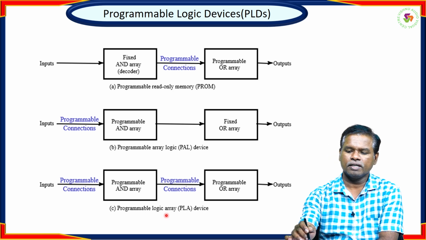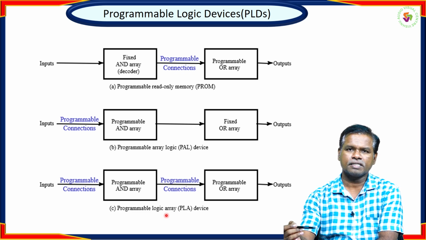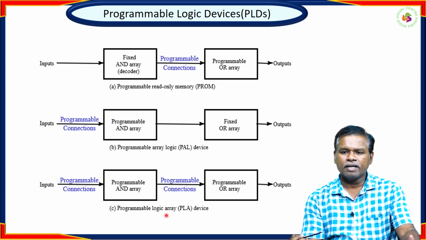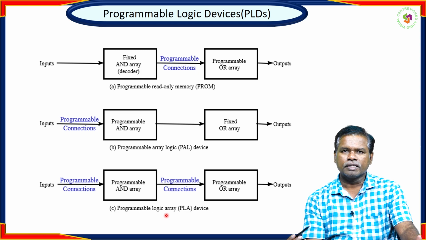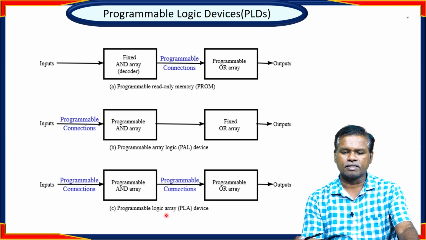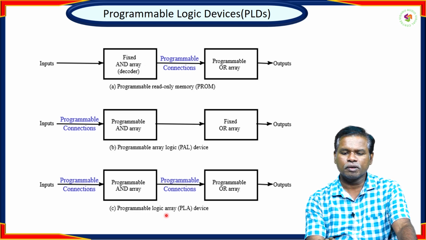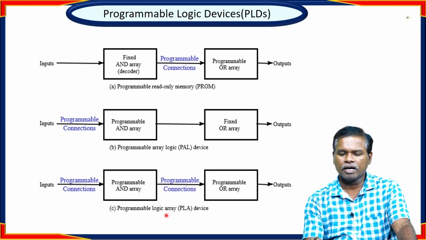If you look at the difference between these three programmable logic devices, fundamentally they consist of an AND array and an OR array, but the difference is what is programmable and what is fixed. For example, programmable read-only memory has a fixed AND array and a programmable OR array.